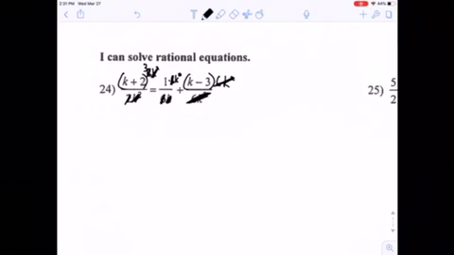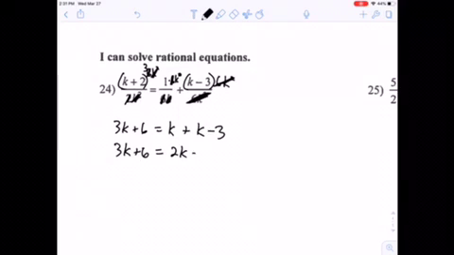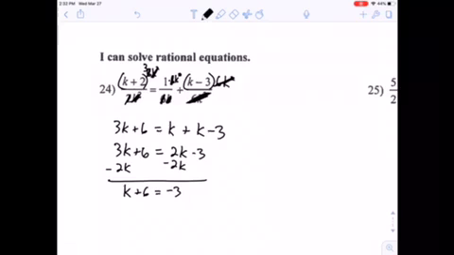So now you've got 3 times k, 3 times 2 equals k times 1 plus k minus 3. So now simplifying, k plus k is 2k. Subtract 2k from both sides, and you get k plus 6 equals negative 3.